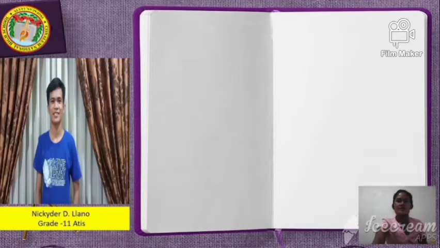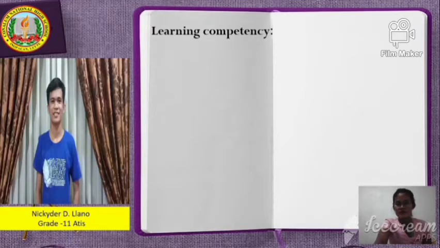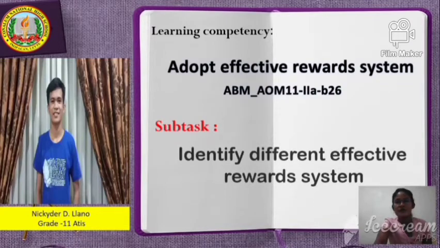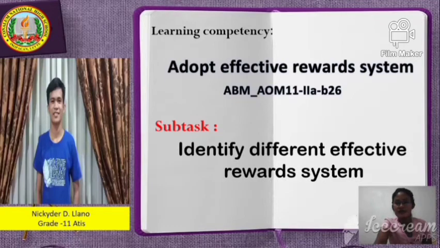Let me present to you my learning competency. Our learning objective is to adopt an effective rewards system. It comes from DepEd, so that is why there's a code. But since our objective is broad, I have to subtask it into: identify different effective rewards systems.